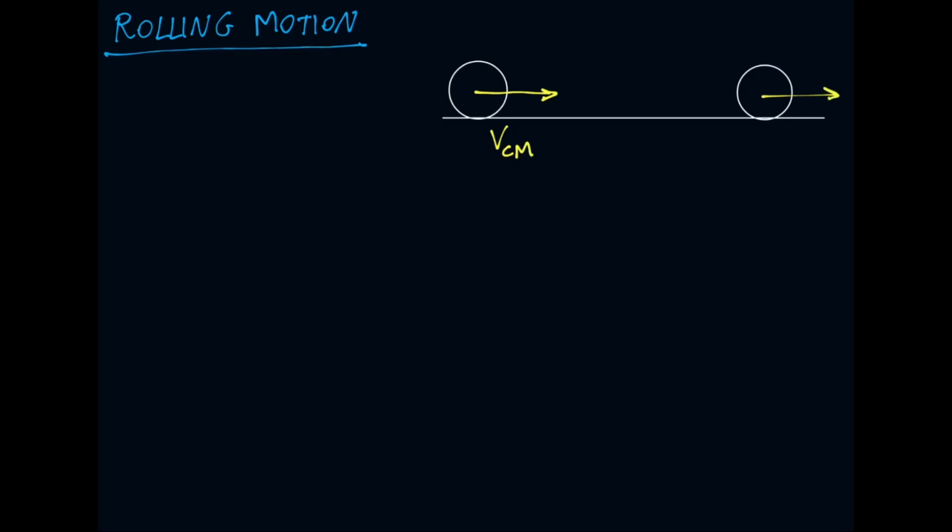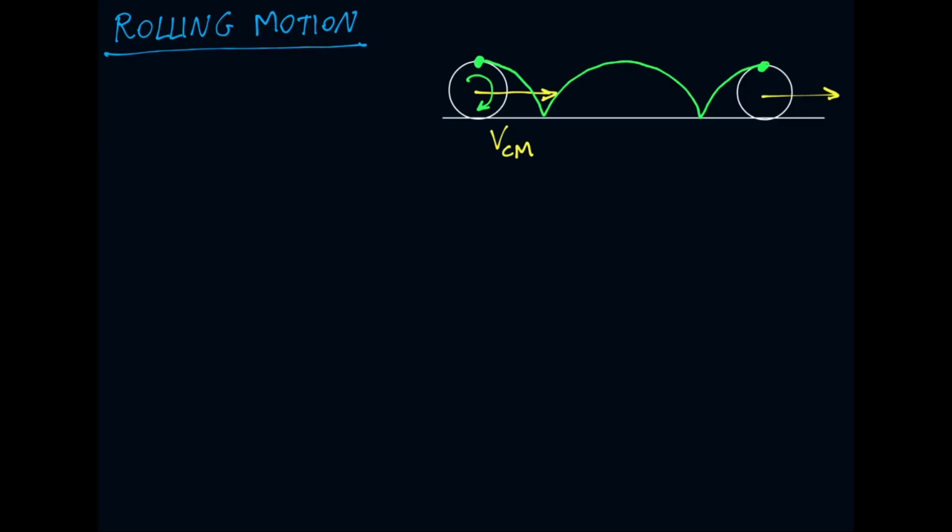And at the same time it is rotating. And so if we were to follow the path of a single point on its circumference, this would do something like this and like this, etc.